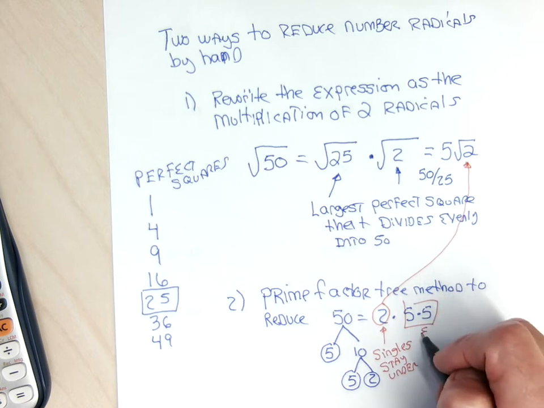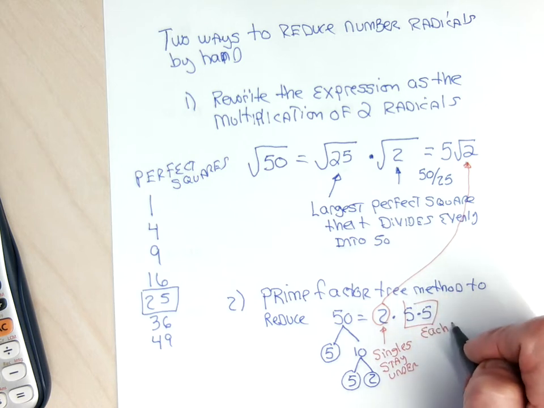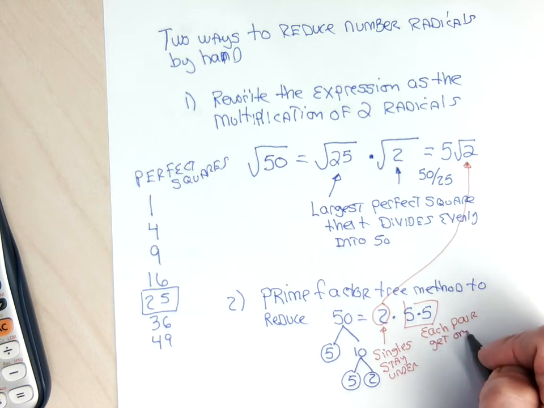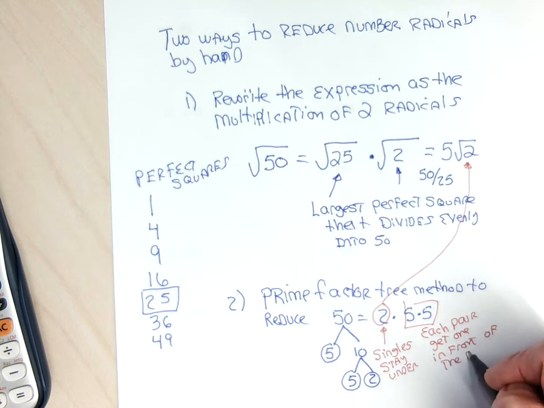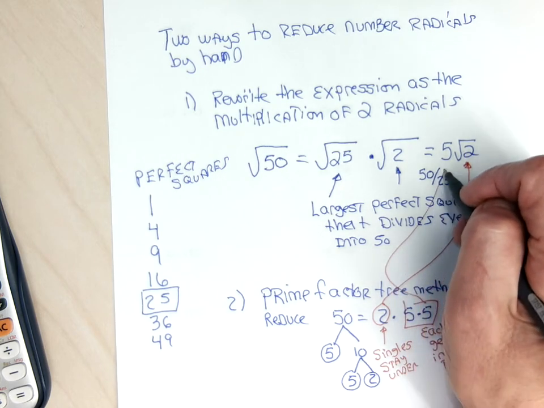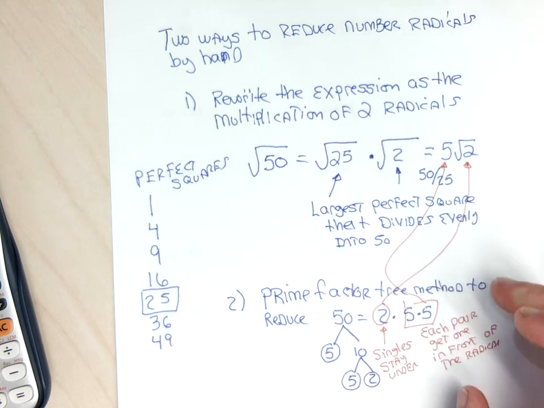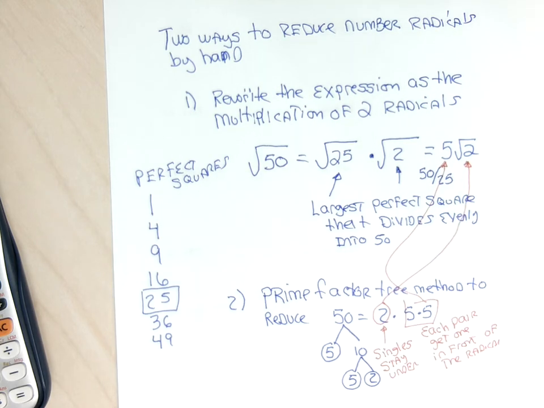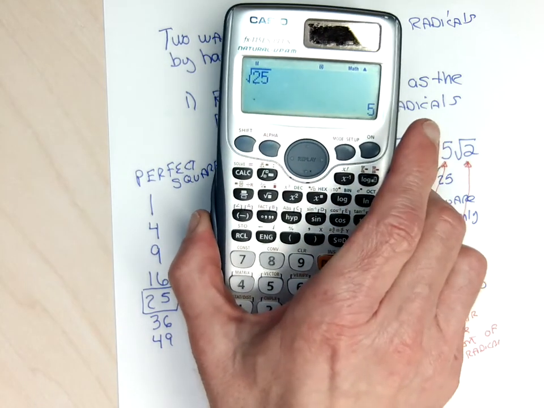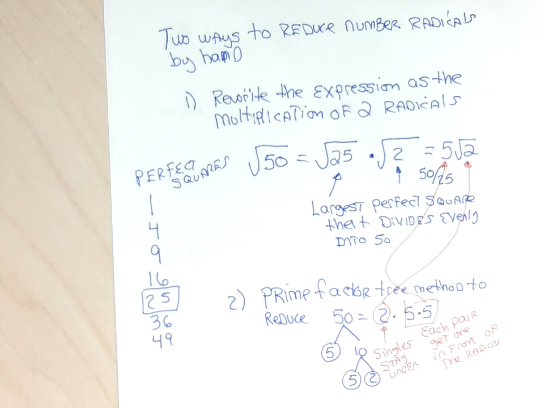And for each pair, you get 1 out front. And so I have a pair of 5s. 1 of those goes out front. This is actually the way that turns out to be easier if you own this lovely calculator, because this calculator does prime factor trees. Let me move on to problem 18, and then I'll probably have to pause the video.